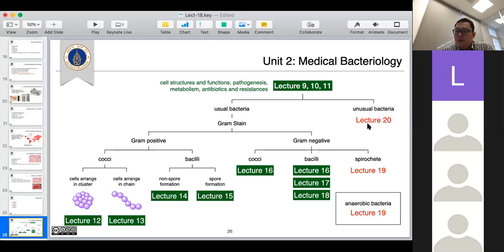That is rickettsia and chlamydia. Okay, but rickettsia can be divided into many groups, and some of the rickettsia have now moved out of rickettsia and formed a new genus like Orientia. That's the thing you learn tomorrow. Okay, that's all for today.